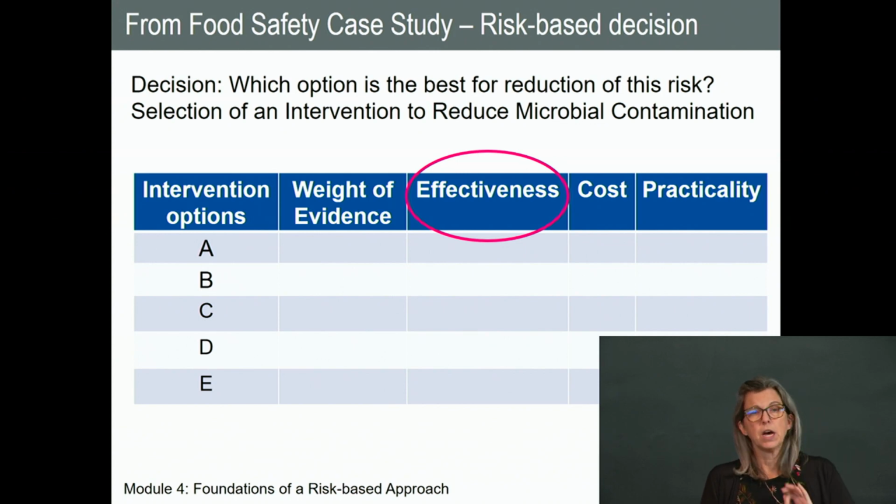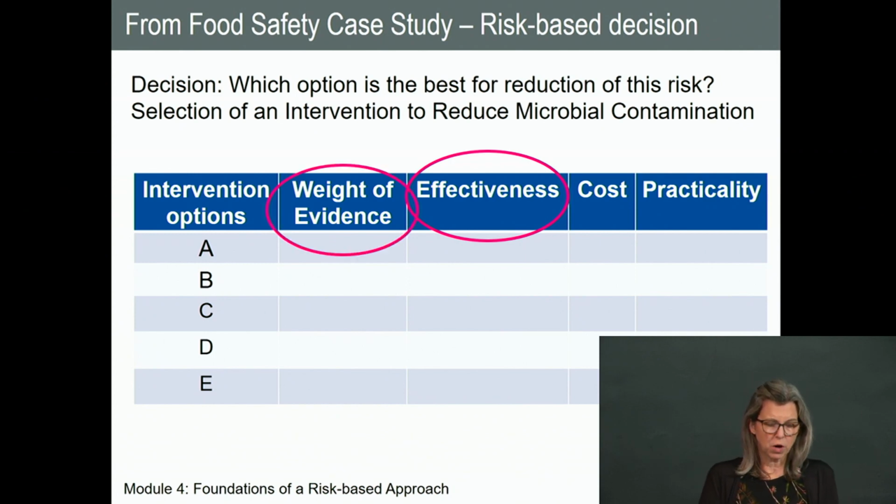So if you have an estimate of how likely something is to happen, it would be a reduction in that likelihood. If you have an estimate of how severe the outcomes would be, it would be a reduction in that severity. How we measure that, we're going to talk about in another lecture. But effectiveness in terms of the goal of reducing microbial contamination would be your first risk measure.